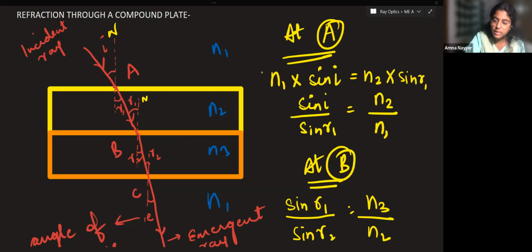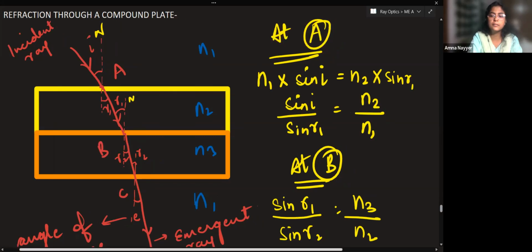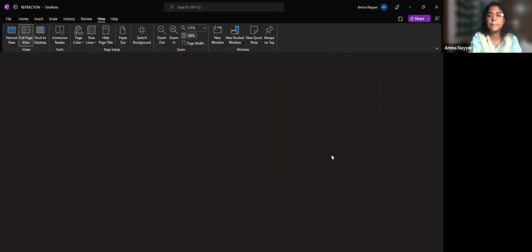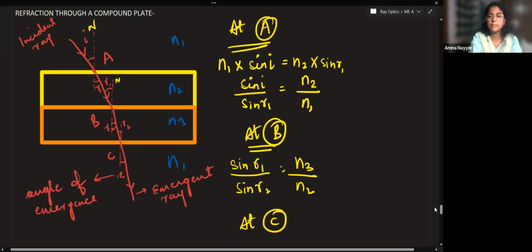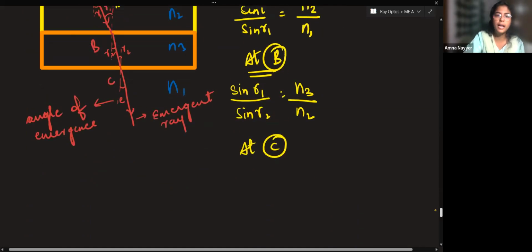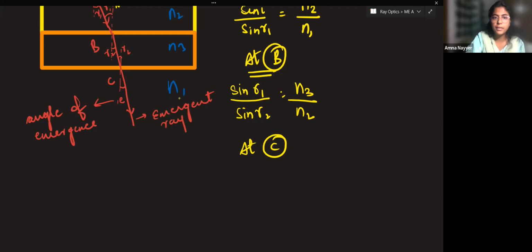Now coming to point C. Again, angle of incidence will become R2 and angle of refraction will be this final angle, the angle of emergence. So at this point C, what will happen?